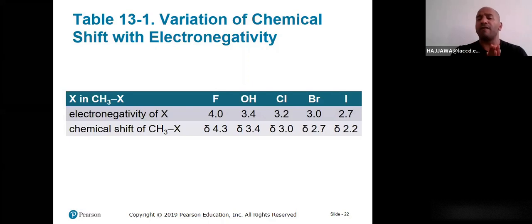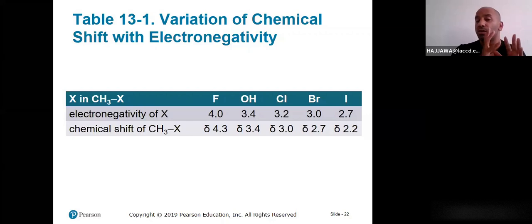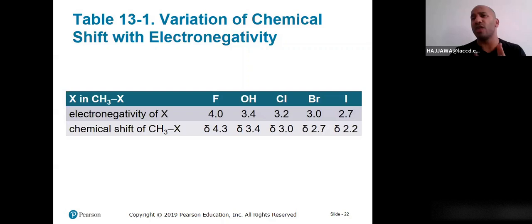This is the deshielding effect that I was referring to earlier. So when you have, as an example, CH3 attached to an X that's an electronegative atom, such as fluorine, oxygen, Cl, Br, or I. We just saw the methyl sitting on the TMS is absorbing at around 0 ppm, and that's where the methyl hydrogens usually show up, in that area from 0 to 1 ppm.